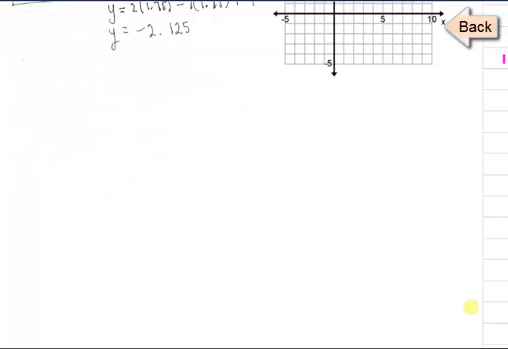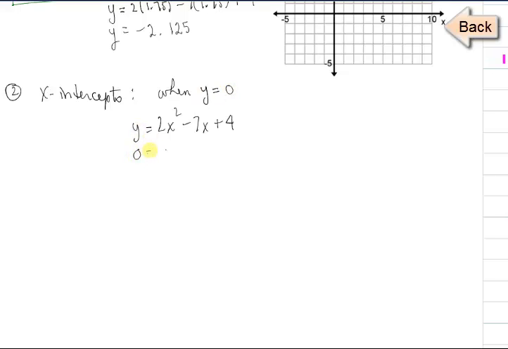The next thing that I want to do is find my x-intercepts. If you recall, x-intercepts happen when y equals 0. So I'm going to write my function out, y equals 2x squared minus 7x plus 4, and replace y with 0.